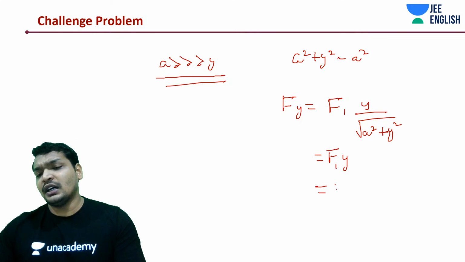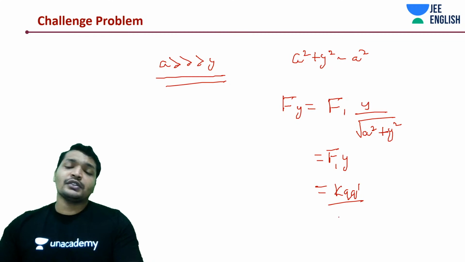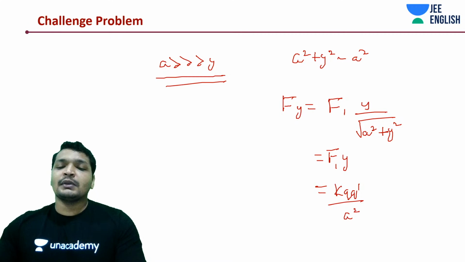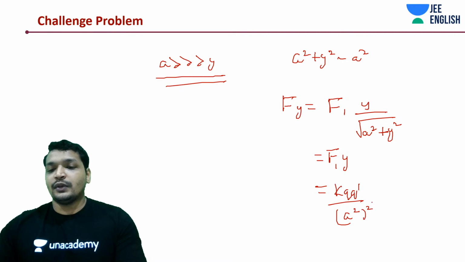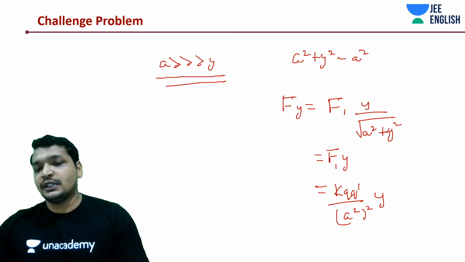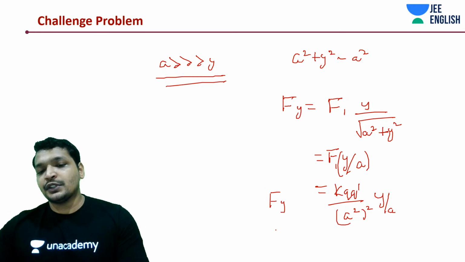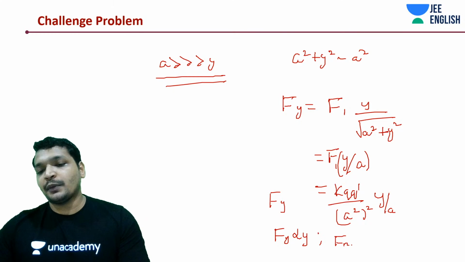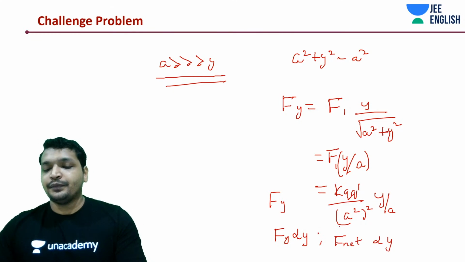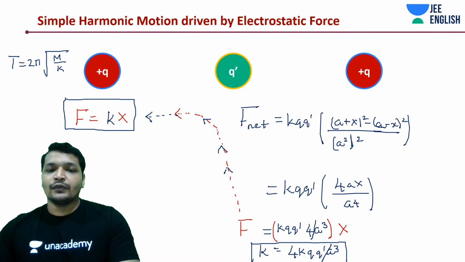F1 is nothing but k q dash over under root of a square plus y square, whole square. So again, this would be just a square. So you have another a. So fy is proportional to y. Hence, even your f net is proportional to just y. Okay, the answer should be a.